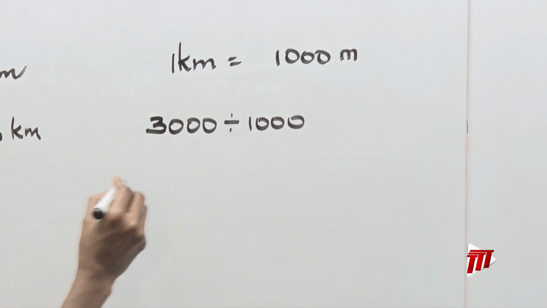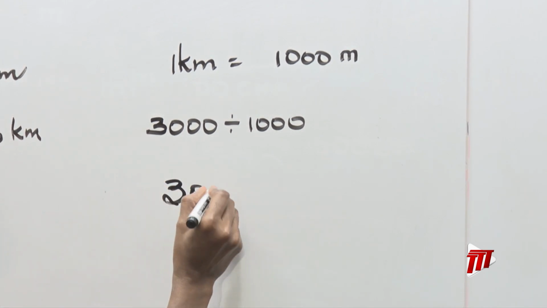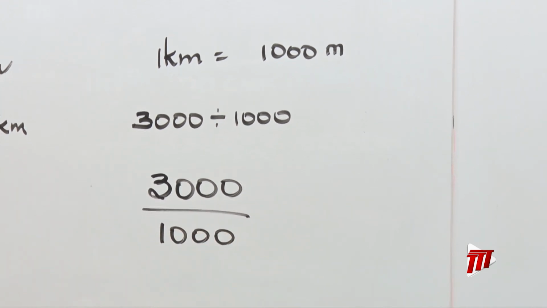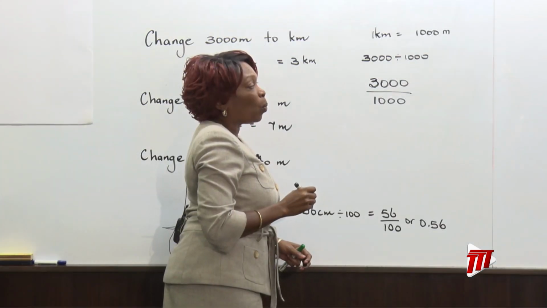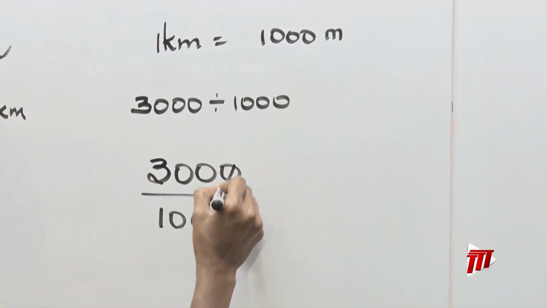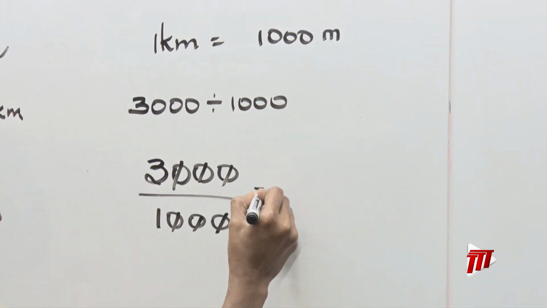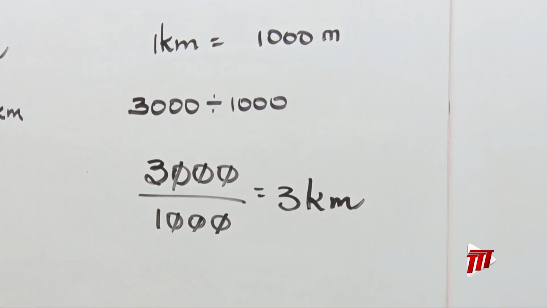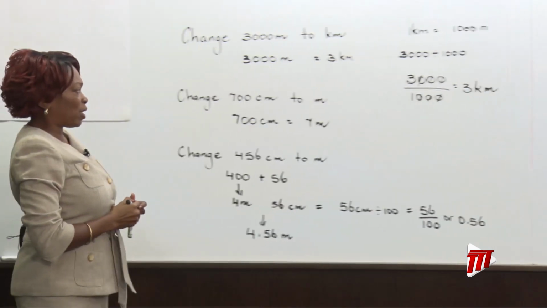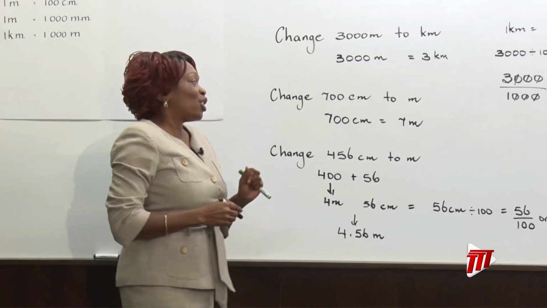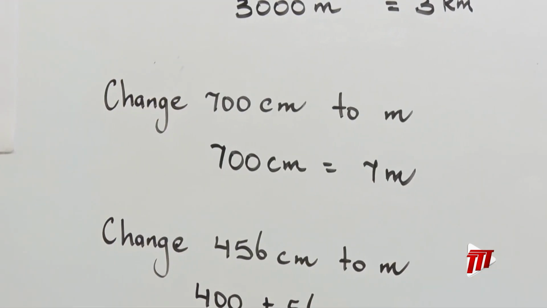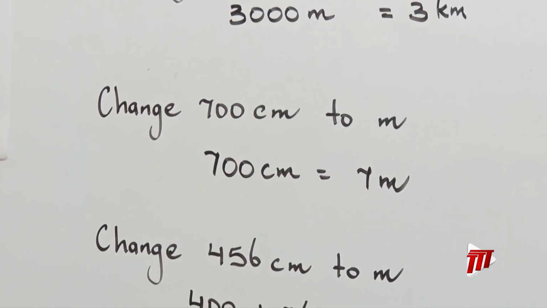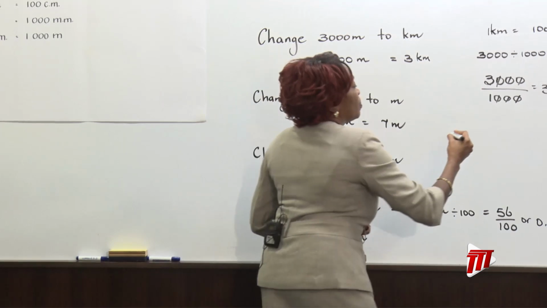Let's go ahead. 3,000 divided by 1,000. Our answer is 3 kilometers. Let's look at the next one. Change 700 centimeters to meters. What do we know? We know that 100 centimeters is equal to 1 meter.